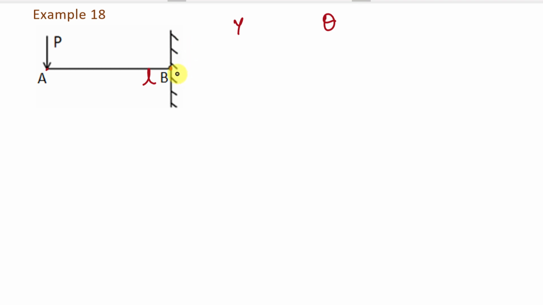Here you know that the value of deflection and the value of slope will be 0 at this point B. Fine. YB will be equal to 0 and theta B will be equal to 0. And we also know that the value of deflection and the value of slope will be maximum at this point.